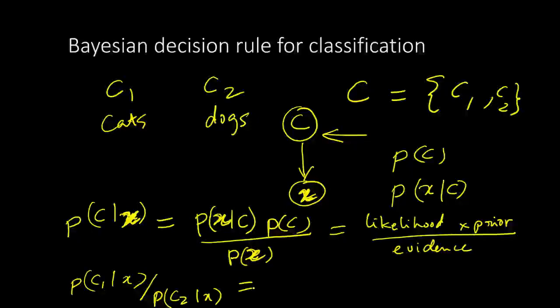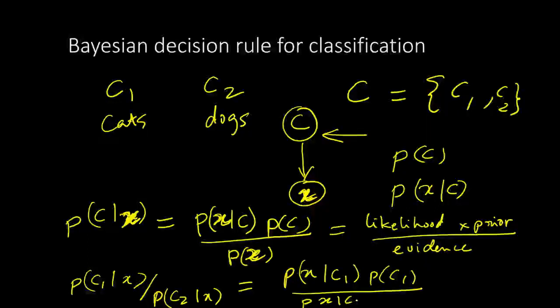If it is greater than 1, then we make a decision in favor of class 1. If it is less than 1, then we make a decision in favor of class 2. And so this is going to be the likelihood that the data was generated assuming class 1 times the prevalence of class 1, divided by the likelihood that the data was generated assuming class 2 times the prevalence of class 2.